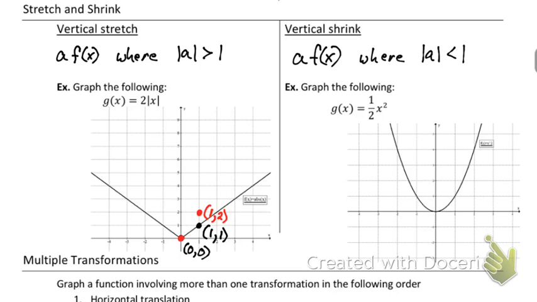I'm going to skip a point because there's not a lot of room here. And I'm going to go right here. That is the point 3, 3. Once again, I multiply the y value by 3 to give me the point 3, 6.